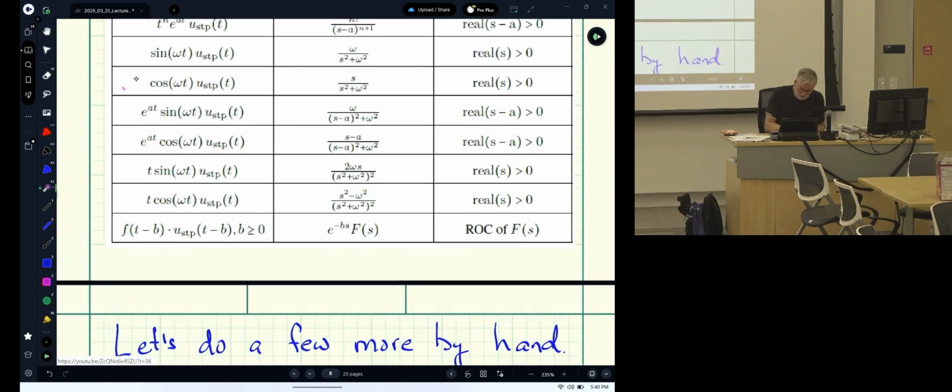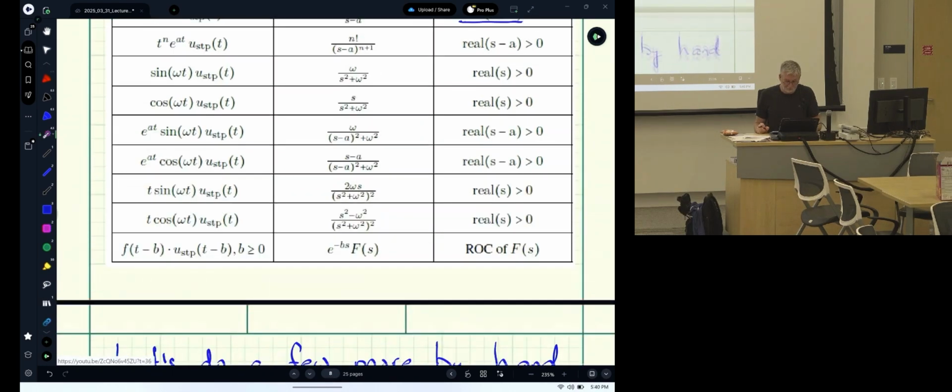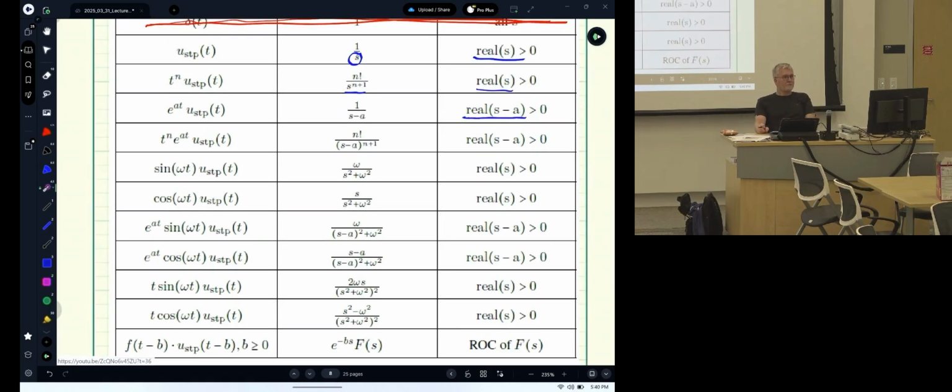And so we're not going to calculate any more of these because they're almost the exact same integrals as we've done before. And with the t's here, you have to do one integration by parts. It's tedious, but not enlightening. So that's our table of Laplace transforms. They're all just tedious integrals.